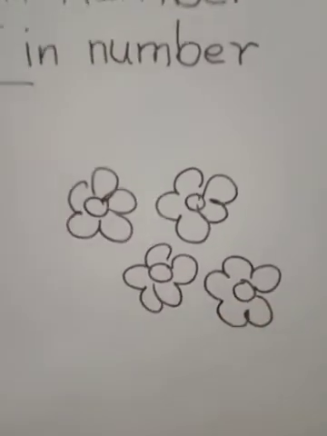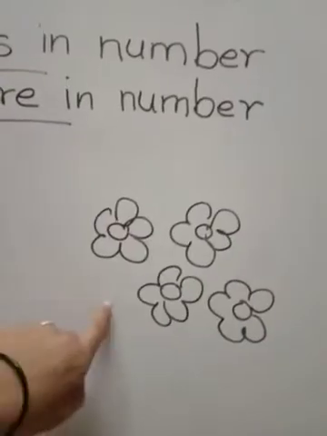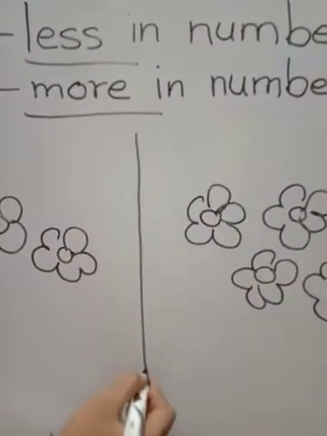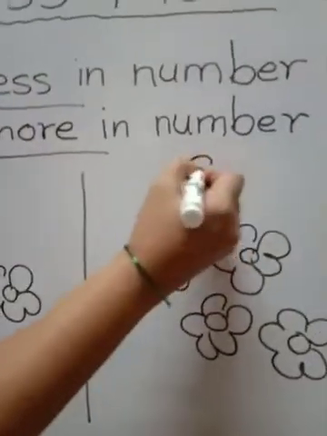Now here I have drawn the flowers. Both sides, flowers I have drawn. This is group A and this is group B.